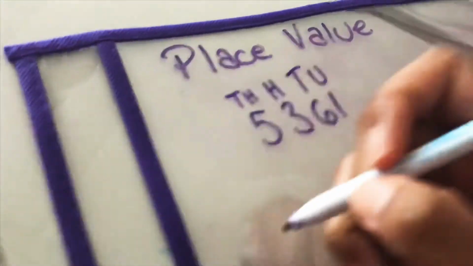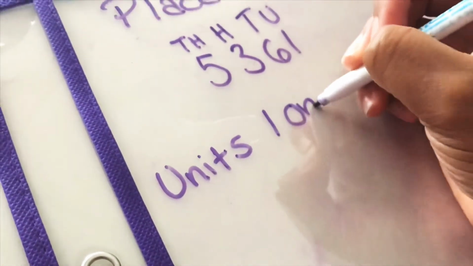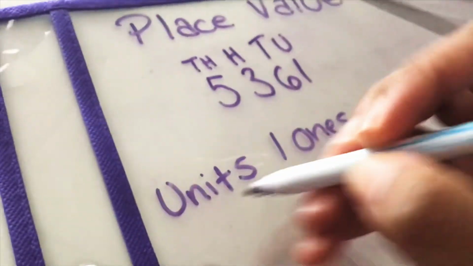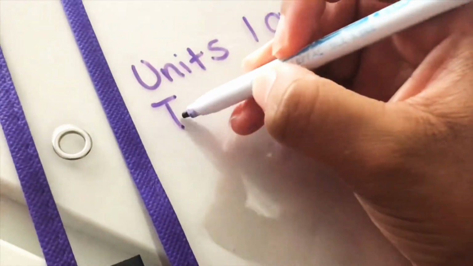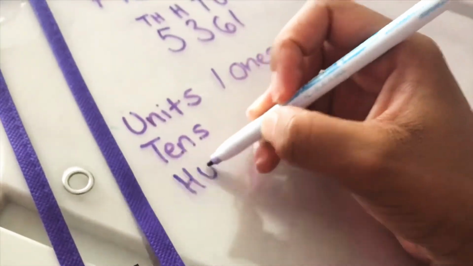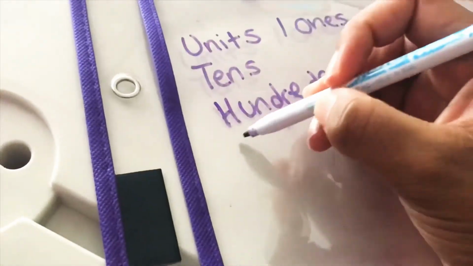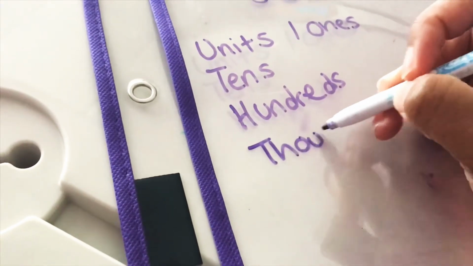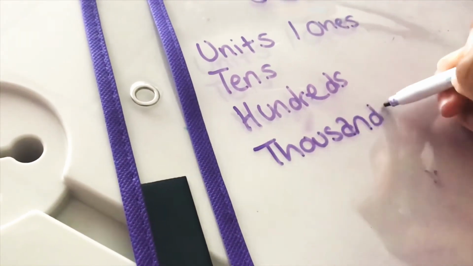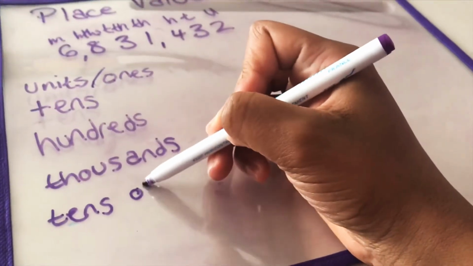Okay, so let's do the spellings. So units or ones, whichever one you prefer to use, gives you 2 choices. Then you have tens, hundreds, thousands, tens of thousands, or 10,000.